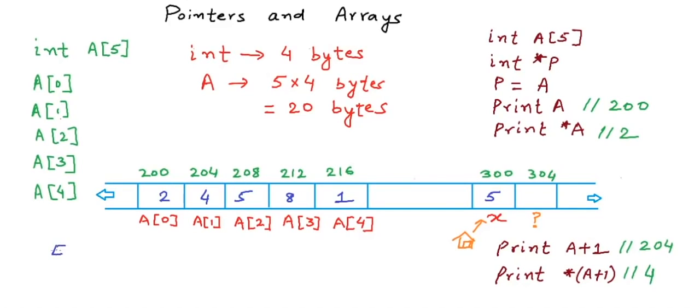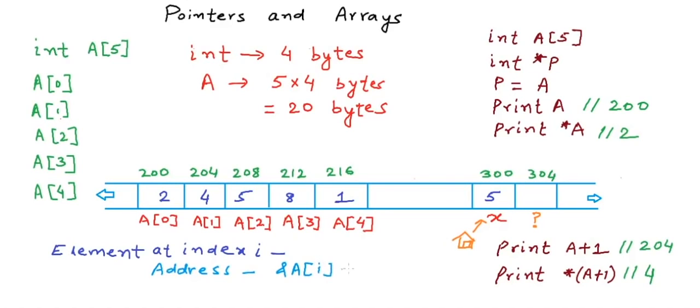For an element in the array at index I, we can retrieve the address of this particular element in the memory using either ampersand ai or simply a plus I, and these two will give us the address of ai.